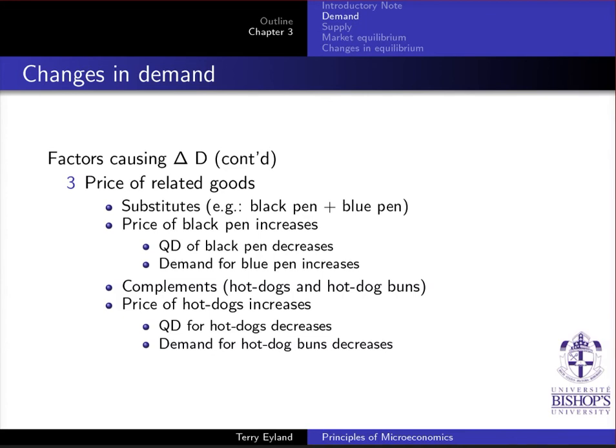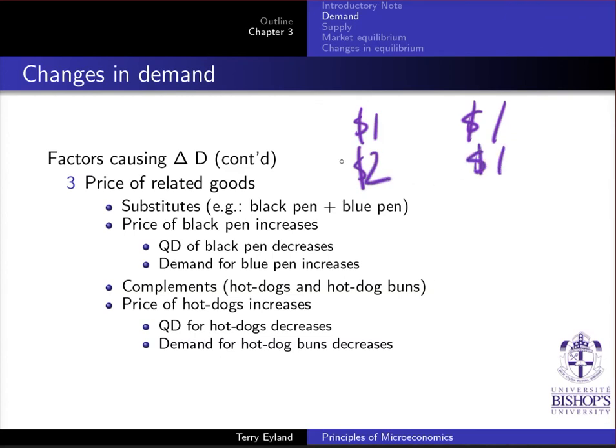So if I have two pens available, these are pretty much perfect substitutes, except if you have a big preference for one or the other, they're very closely linked products. So let's say both pens are now selling for $1 each. Okay, so $1 for the black pen and $1 for the blue pen. And all of a sudden, the black pen goes up to $2, while the blue pen still stays at $1.